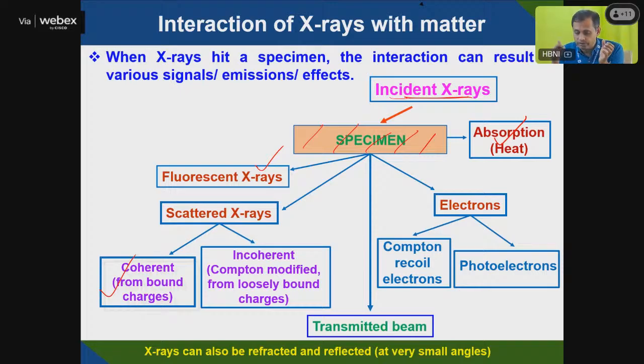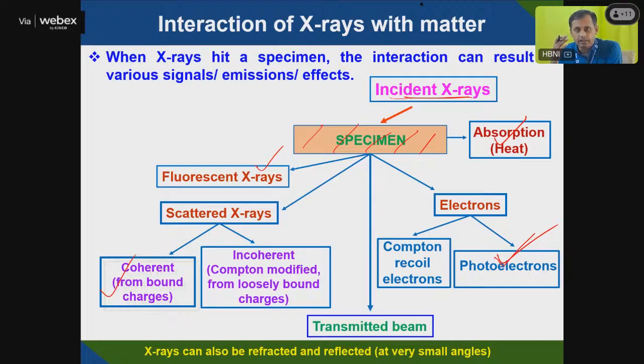Then, when the X-ray interacts with the specimen, you can generate electrons. There are two types of electrons. One is the Compton electrons, from which you can study the Compton effect, and then there is the photoelectron, which is mainly used in X-ray photoelectron spectroscopy, XPS, for identification of oxidation state or coordination in different environments. The X-ray can also be transmitted through the material.